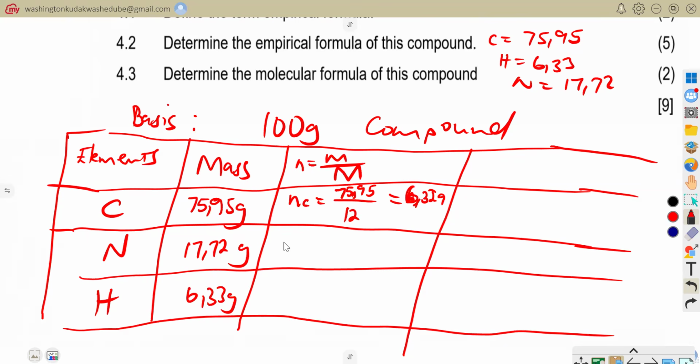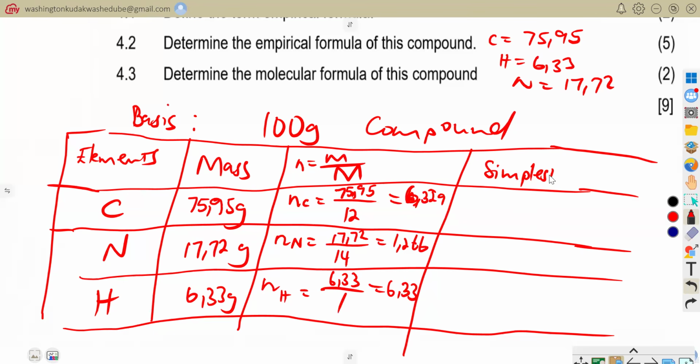And then the number of moles of nitrogen would be equal to 17.72 divided by the atomic mass of nitrogen, which is 14. This is going to be equal to 1.266. And then the number of moles of hydrogen will be equal to 6.33 divided by 1, that is the atomic mass of hydrogen. This is also 6.33.